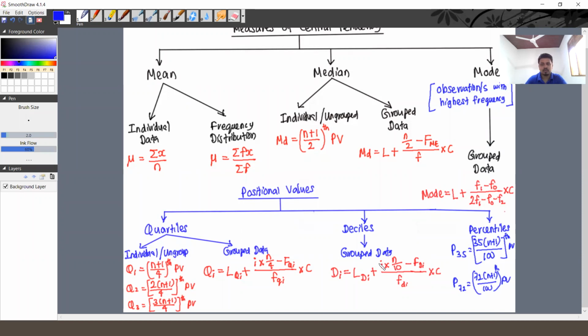Give me a second. So I'm not going to write that here, you should know. So I will write the formula to get the group frequency one.